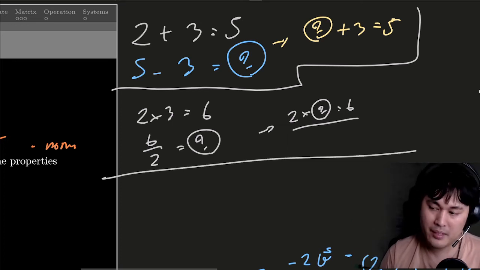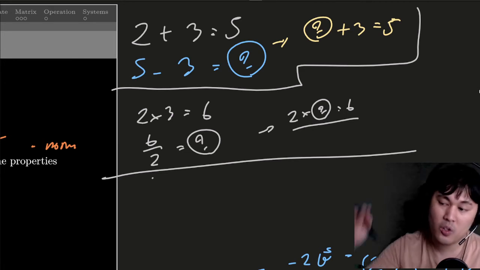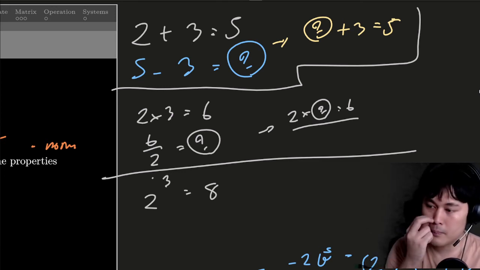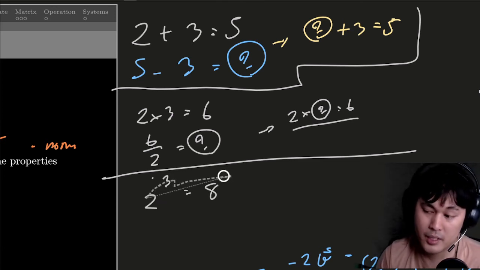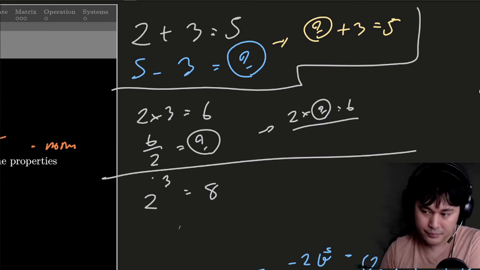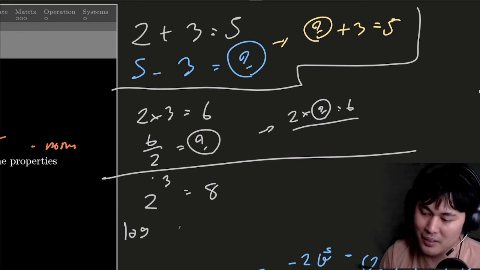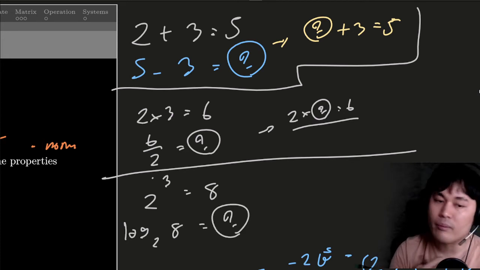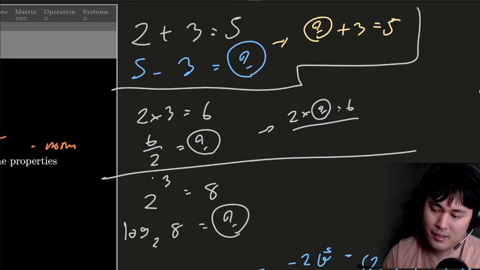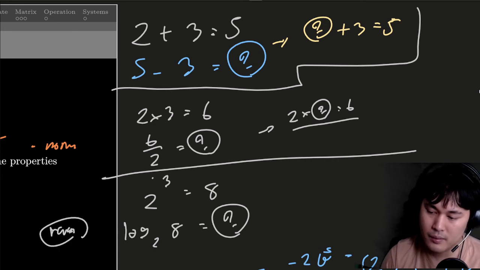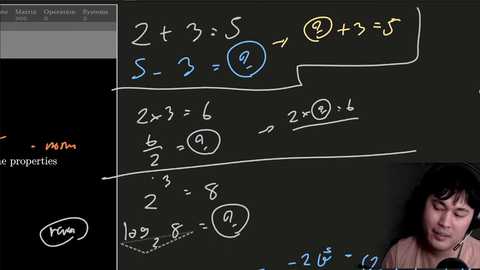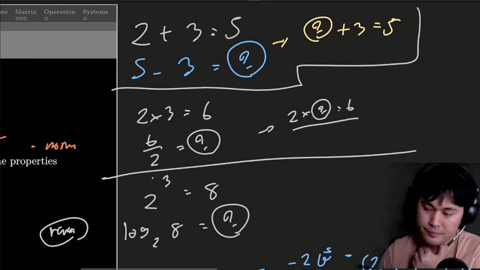And then if you remember, when we go one step higher and talk about exponentials, 2 to the third is 8. That's the same as asking, what is log base 2 of 8? And again, this is the reverse function. People have a hard time understanding the logarithm function.